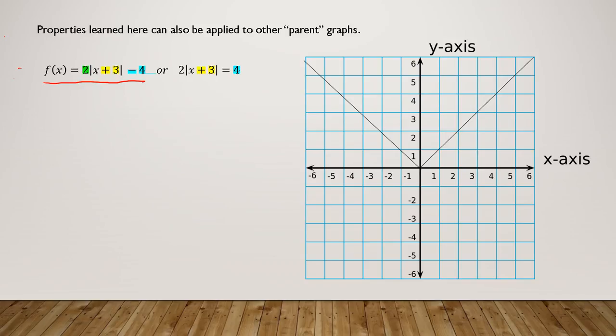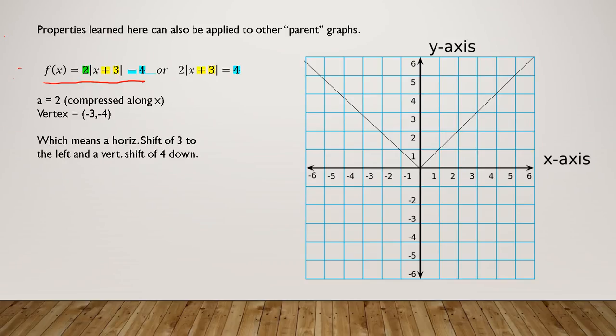Positive 3 means it's going to be 3 to the left, and negative 4 means it's going to be 4 down. There's the 3 to the left, and there's the 4 down, and it's going to be skinny. And the compression is along the x-axis. You can either say it's being compressed along the x-axis or it's being stretched like a rubber band along the y-axis.